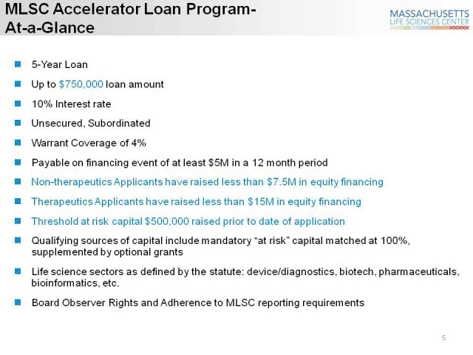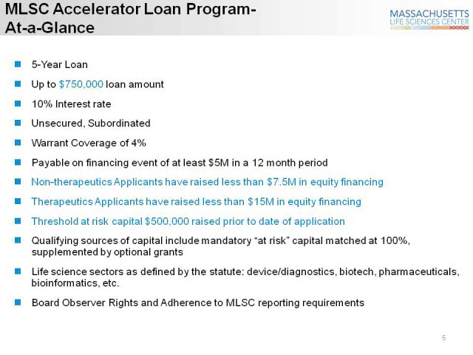So let's dive into the details of the program. As you may or may not know, it is a 5-year loan, and in the fiscal 16 round, there is availability of up to $750,000 as a loan amount. The loan does carry a 10% interest rate, which is compounded annually, and it is generally unsecured, though it is subordinated.